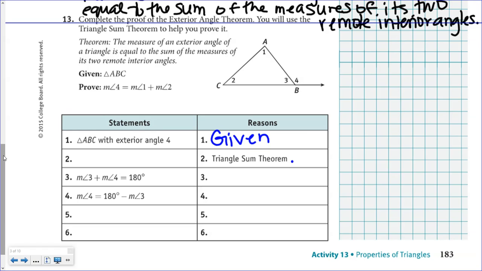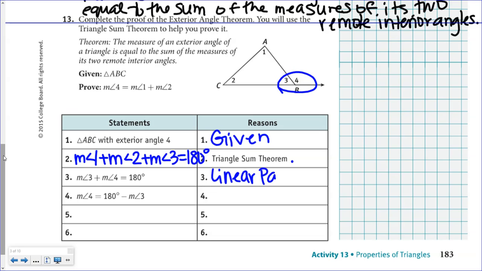So our three angles in our triangle, angle 1, angle 2, and angle 3 are going to add up to equal 180 degrees. So the measure of angle 1 plus the measure of angle 2 plus the measure of angle 3 equals 180. Then measure of angle 3 and 4 add up to 180. Those are a linear pair.